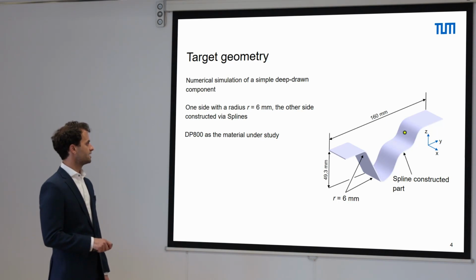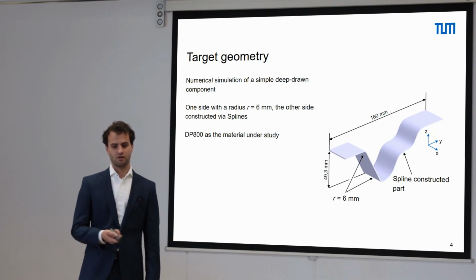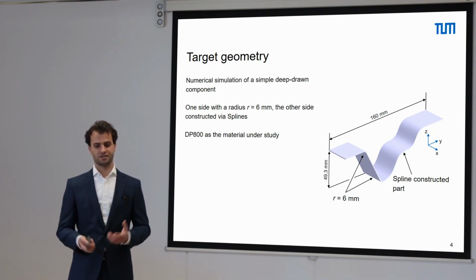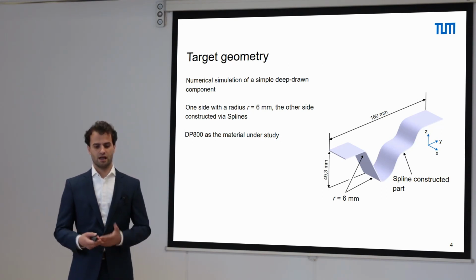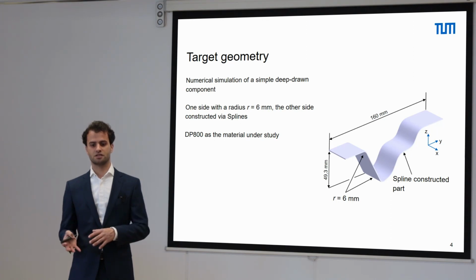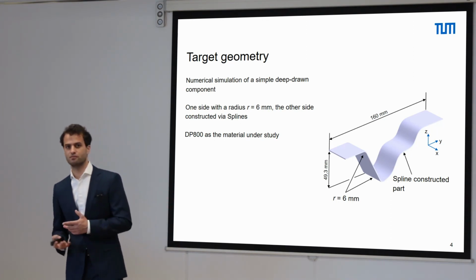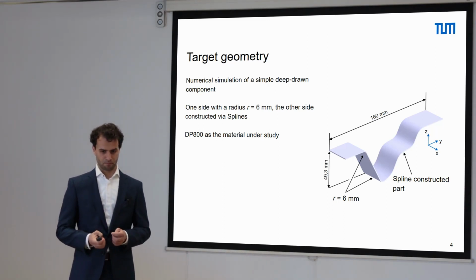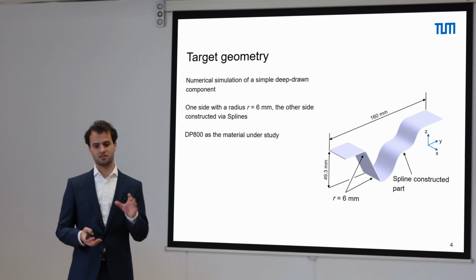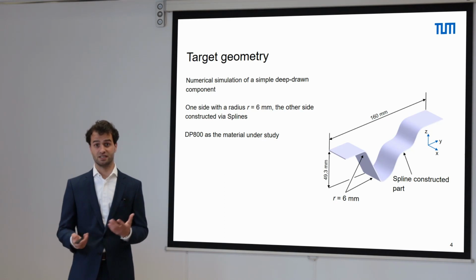And on the right hand side of this part, we have a spline constructed part. Why a spline constructed part? Well, because the reverse engineering I'm going to present you is done by B-Splines. And I wanted to investigate if this reverse engineering using B-Splines has any advantages for a spline constructed part, or if it's better for radii R6.